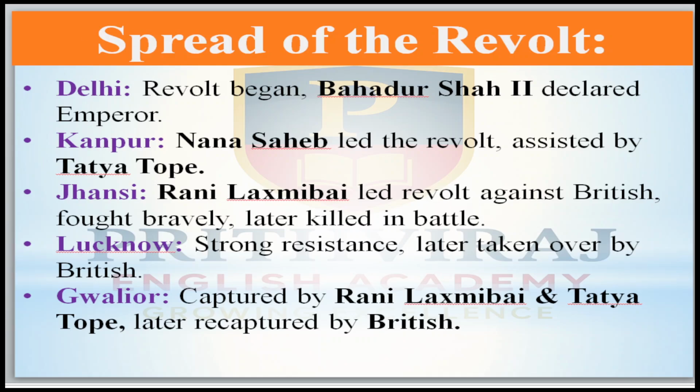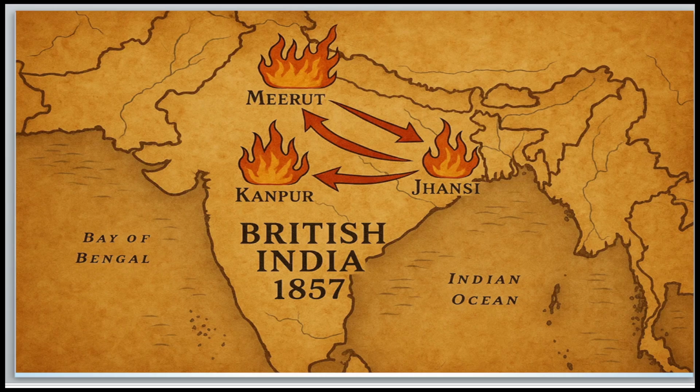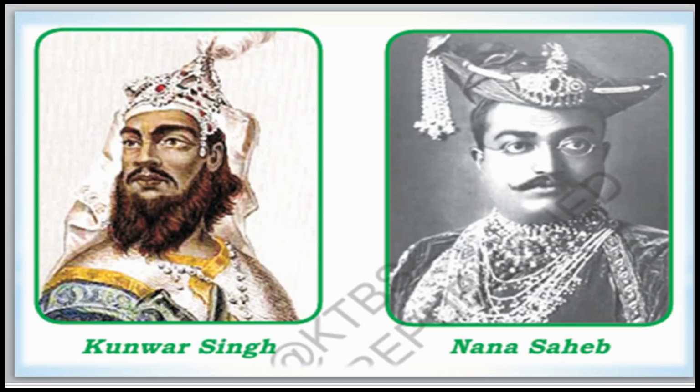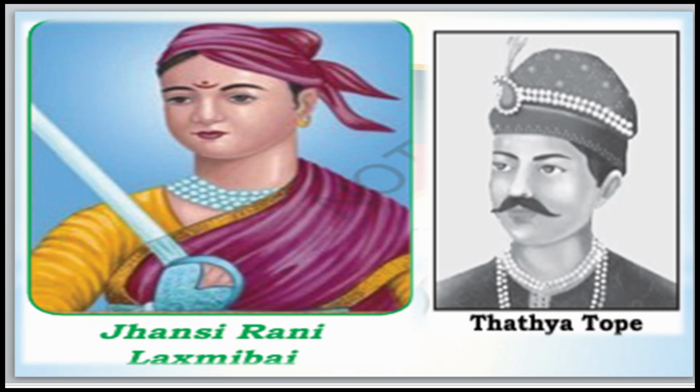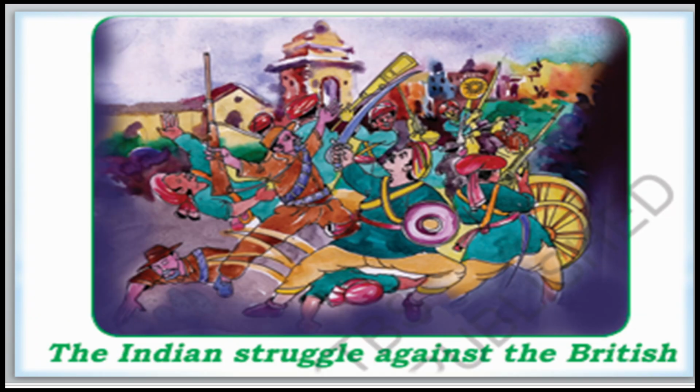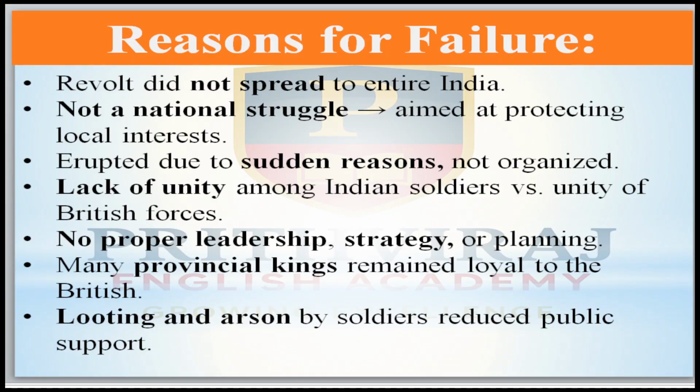Now come to Lucknow: strong resistance, later taken over by the British. Gwalior was captured by Rani Lakshmibai and Tatya Tope, and later recaptured by the British. This is the map we are going to explain: Kunwar Singh, Nana Sahib, Rani Lakshmibai, Tatya Tope. The Indian struggle against the British.